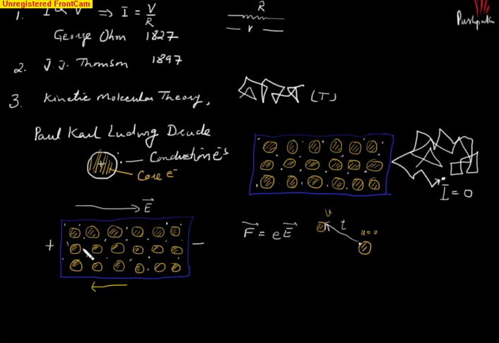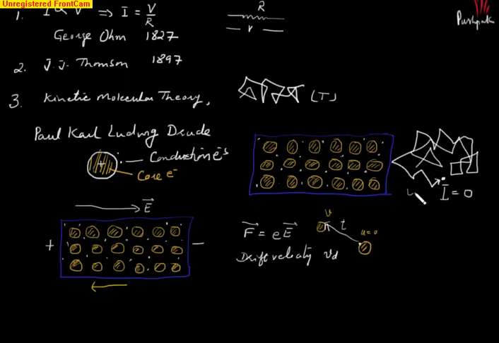And the velocity which it acquires towards the negative x-axis is termed the drift velocity, and it is denoted by Vd. Now this velocity is totally different from the velocity electrons acquire before the application of this electric field.